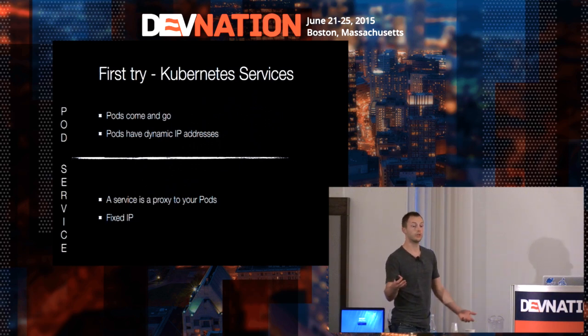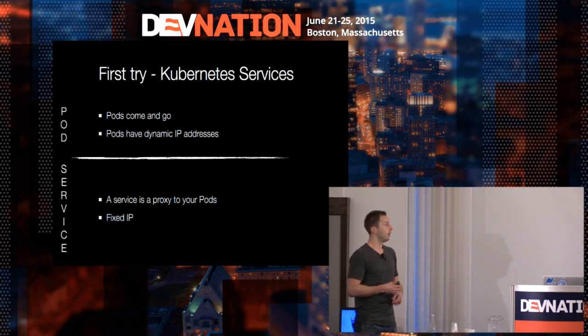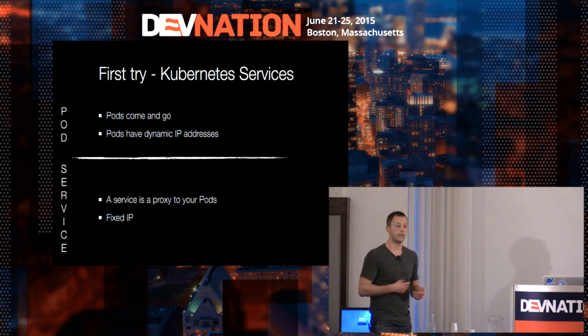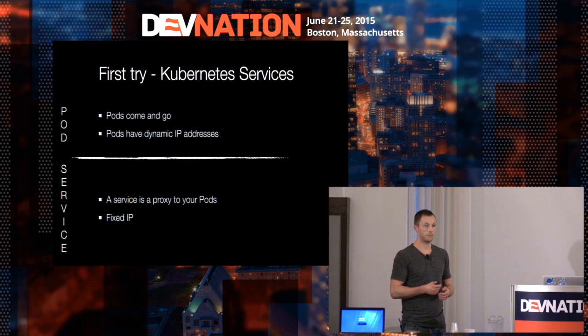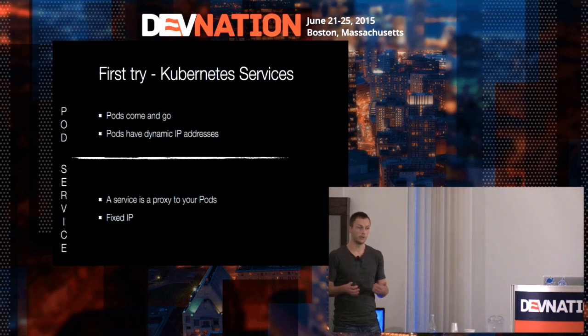And as a user or developer, I shouldn't care about that. Kubernetes should be knowing what it's doing. But it does mean that my pods will not stay in the same place. It also means that my pods have dynamic IP addresses, and I don't even know what those IP addresses will be.